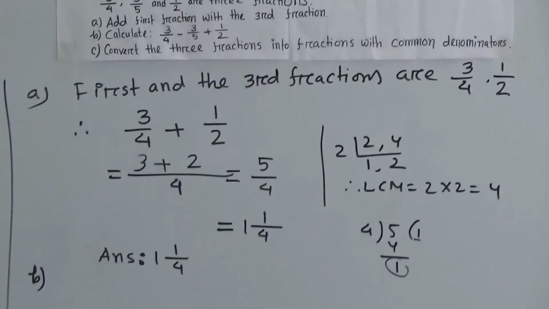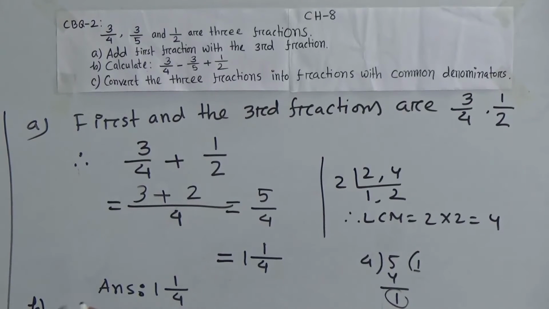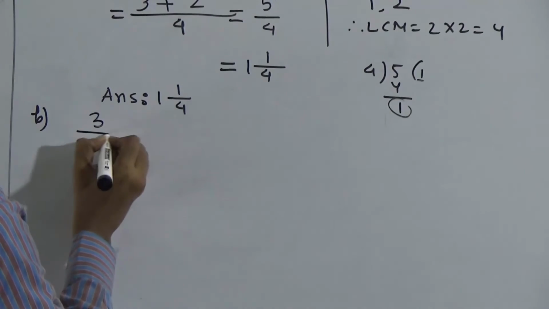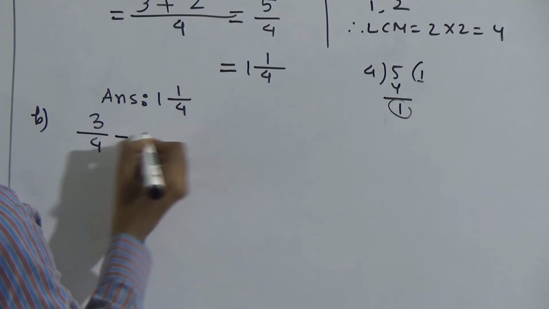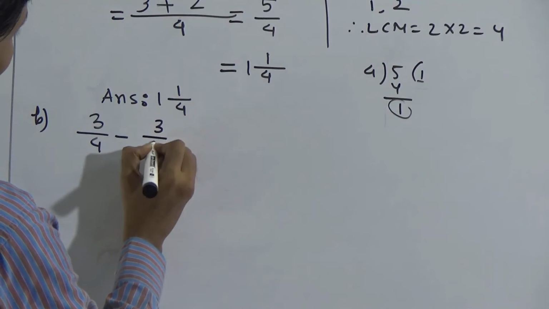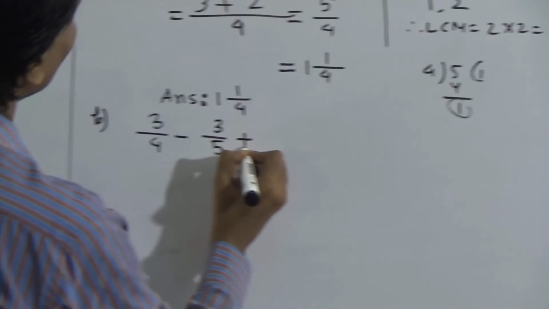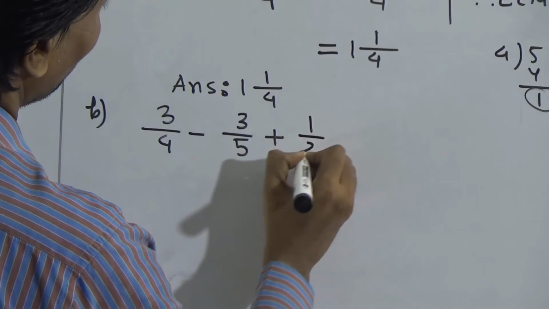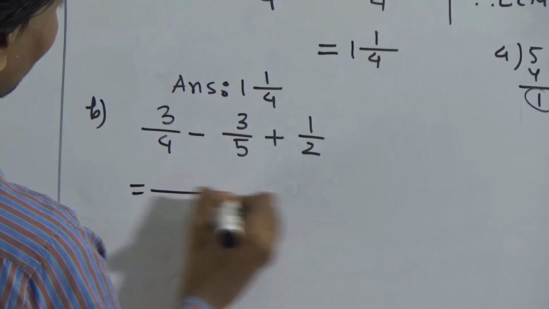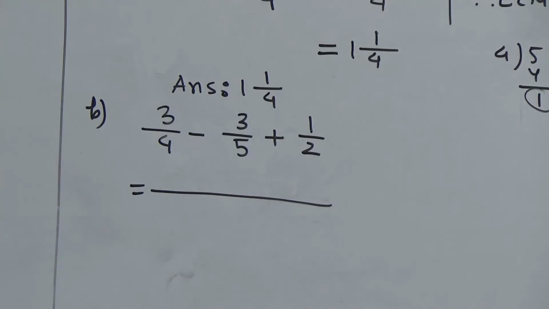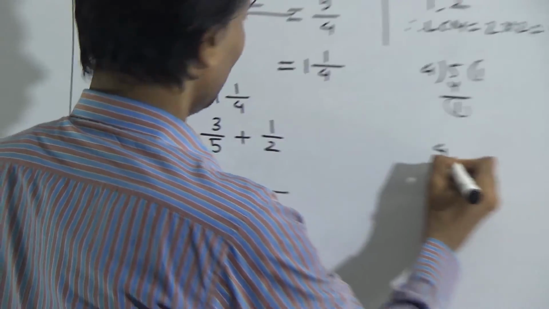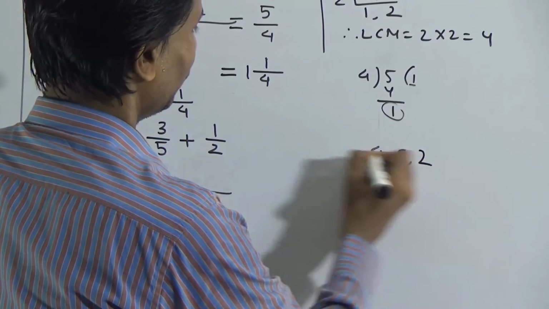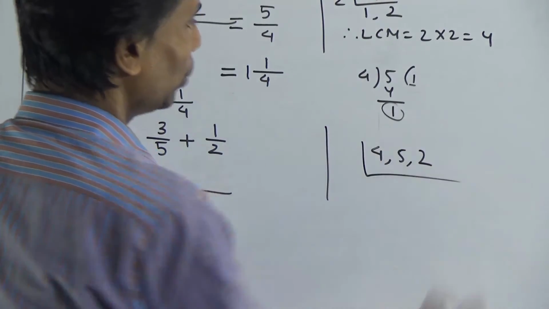Calculate 3 by 4 minus 3 by 5 plus 1 by 2. Right here. 3 by 4 minus 3 by 5 plus 1 by 2. At first you have to find the LCM of 4, 5 and 2. Okay, you have to do the LCM.